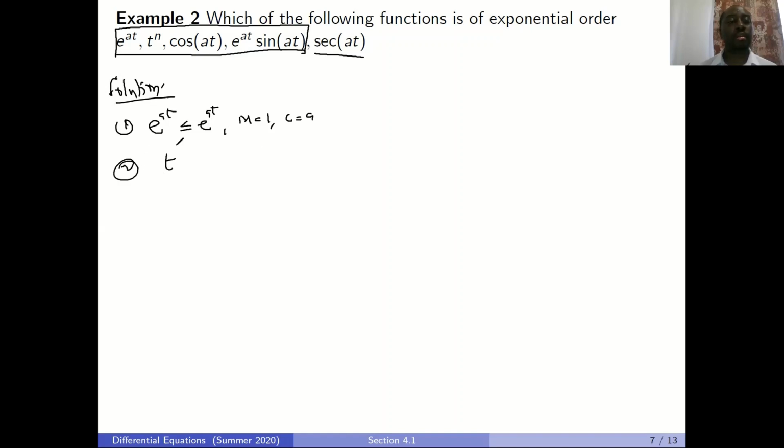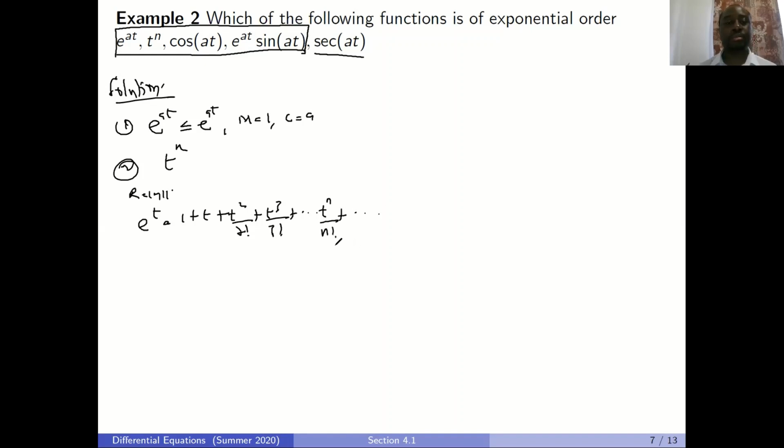t to the n, right? Now recall that e to the t is 1 plus t plus t squared over 2 factorial plus t cubed over 3 factorial, and so on. You have some t to the n over n factorial, on and on.